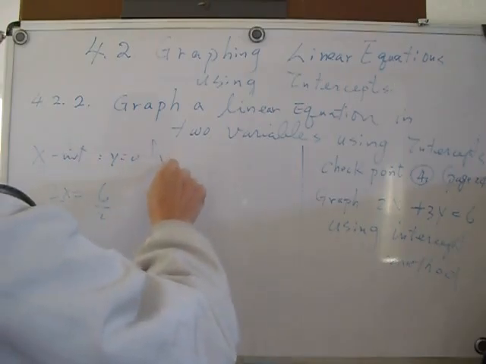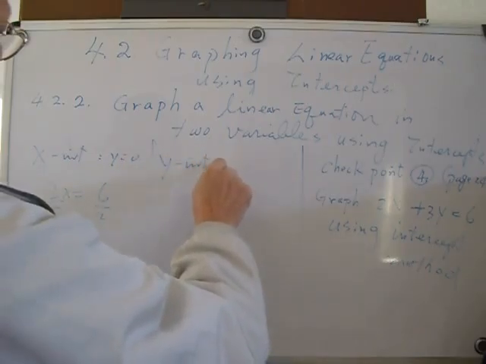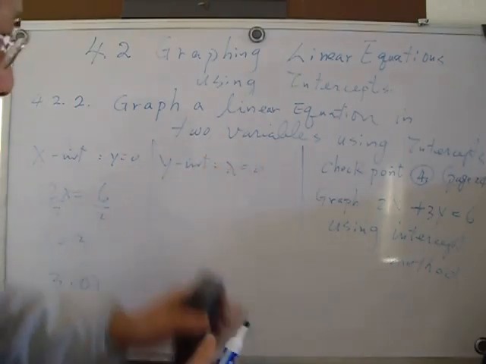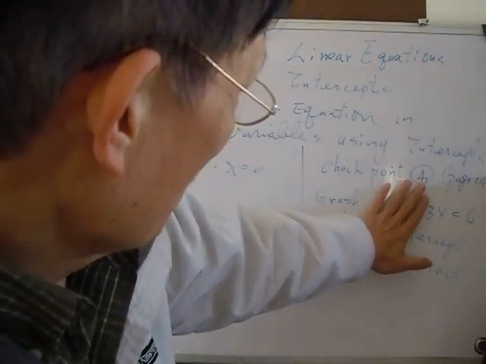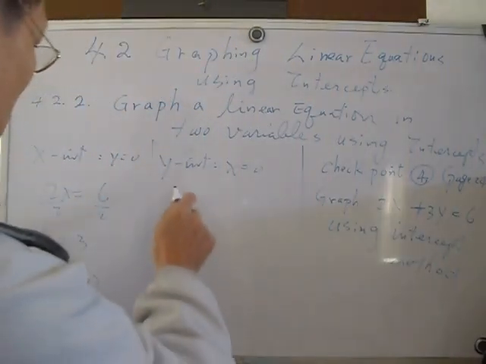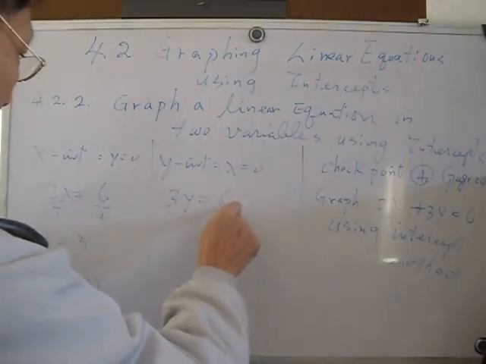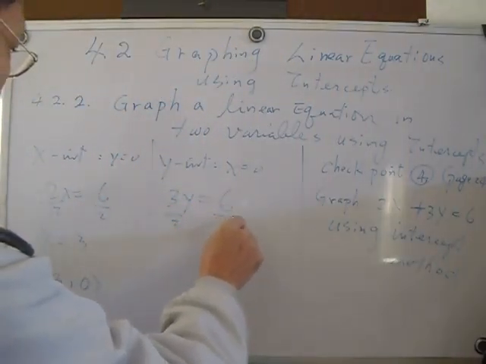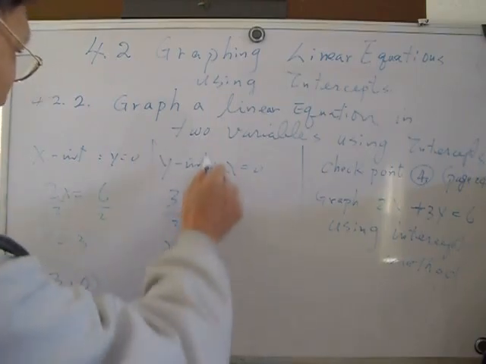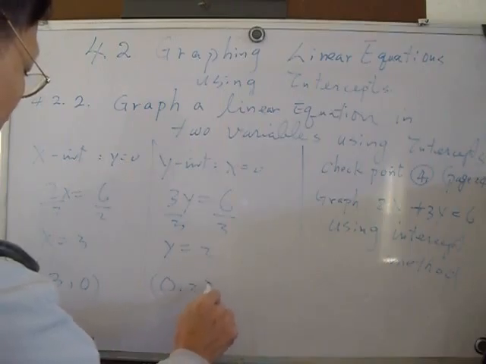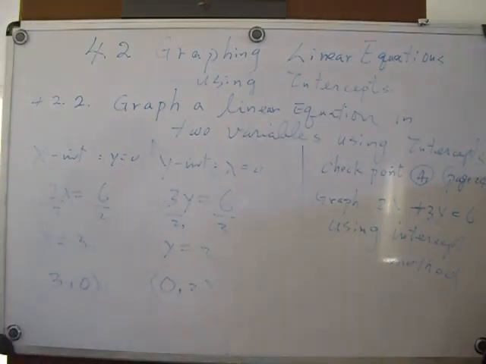For the y-intercept, x equals 0, so you can set this term equals 0. So 3y equals 6, divided by 3. So y equals 2. So your y-intercept here is 0, 2.